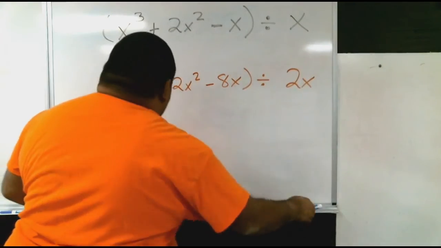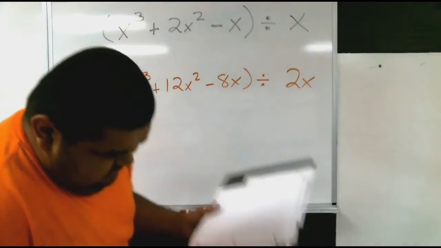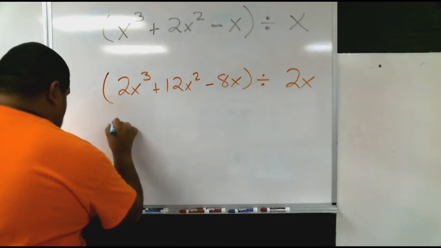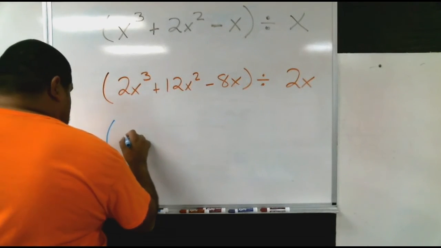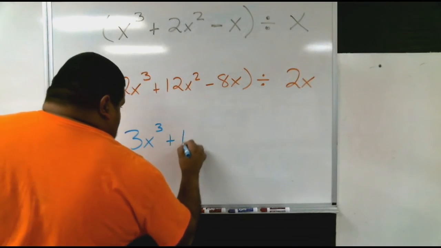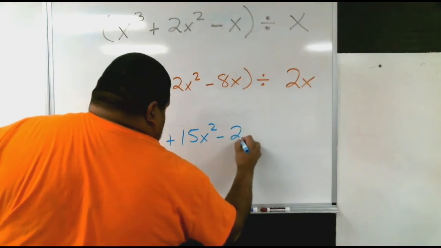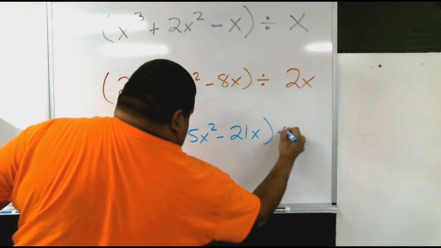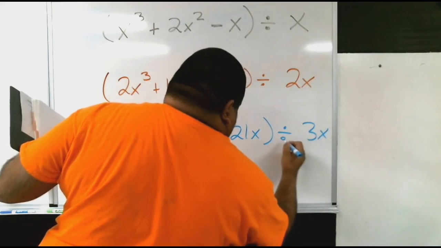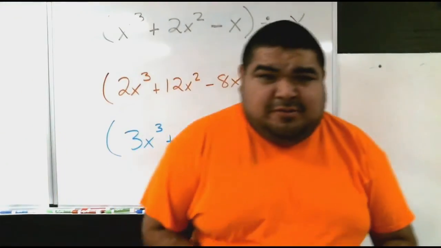The last one's going to be 3x cubed plus 15x squared minus 21x, divided by 3x.